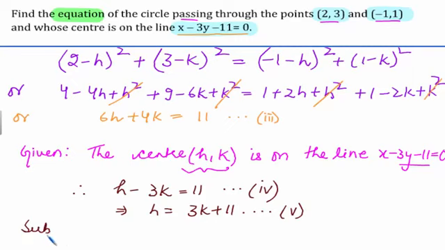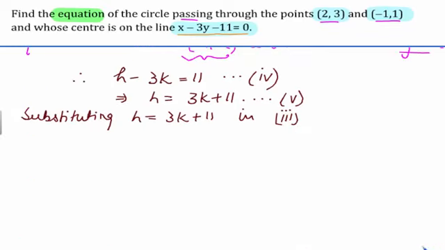Now substituting h is equal to 3k plus 11 in equation number 3, which is 6h plus 4k is equal to 11.